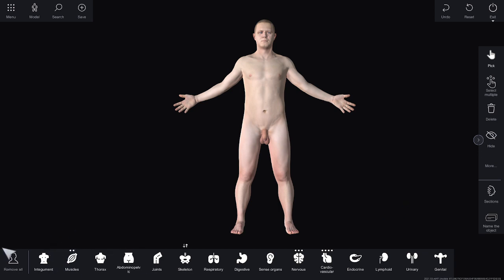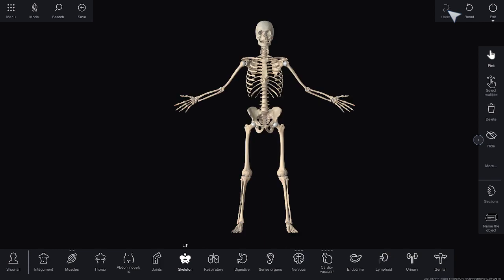And now all systems, all icons for the integument, muscles, thorax zone are activated. We return to the previous imaging. And now, today for us the lumbar and sacral plexuses are interesting.